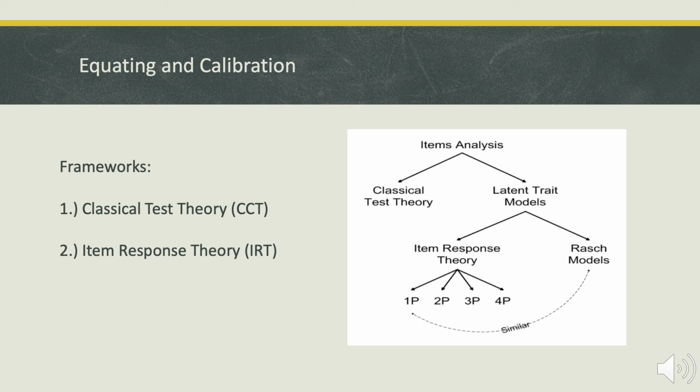And today, IRT has almost completely replaced CTT, and it has a lot of advantages, which is why it's been brought into more frequent use. These are just a brief overview of the two frameworks behind item analysis.